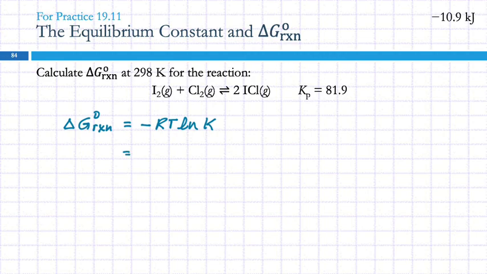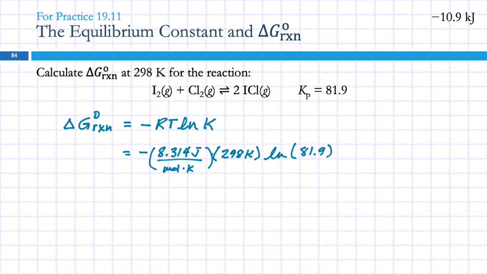The ideal gas constant is constant. The temperature here, I'm throwing us a bone and just giving it to us in Kelvin. And then we're going to do the natural log of K, and K is going to be 81.9.